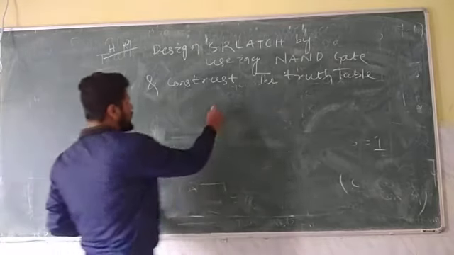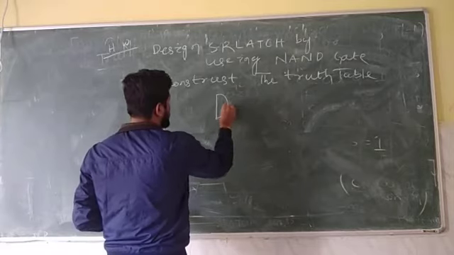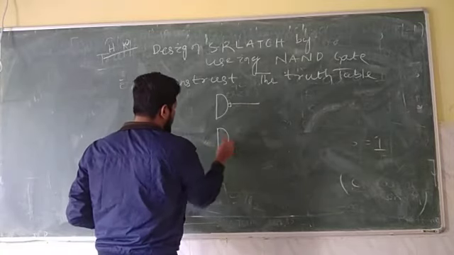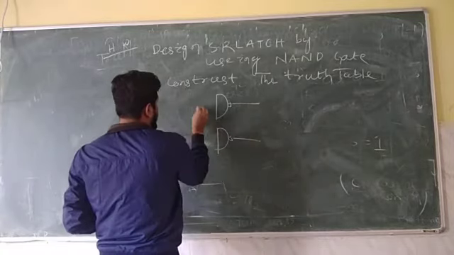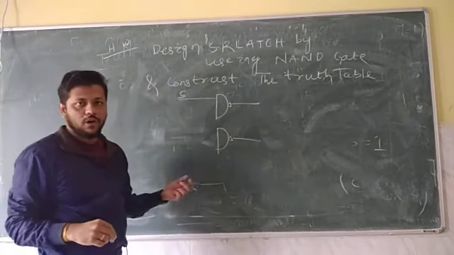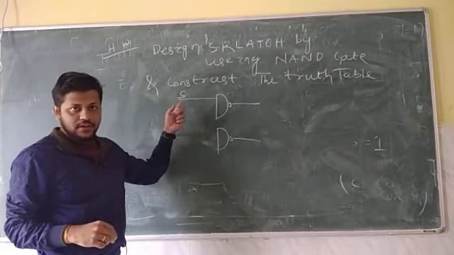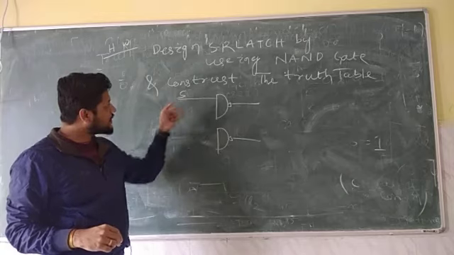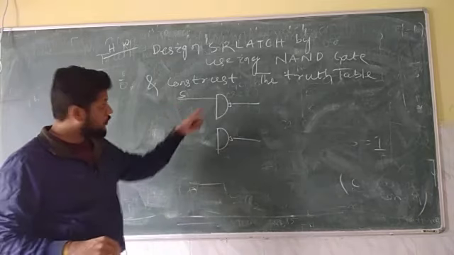So I am going to construct the logic gate for you. The only change is that in SR NOR latch R is written here. In case of SR NAND latch, S will be applied to your first NAND gate.